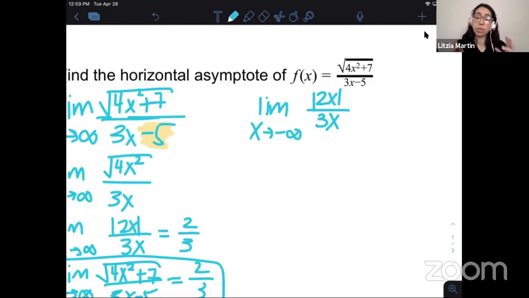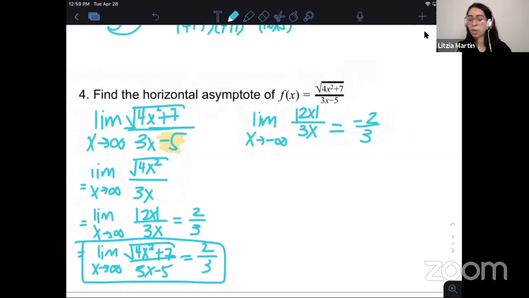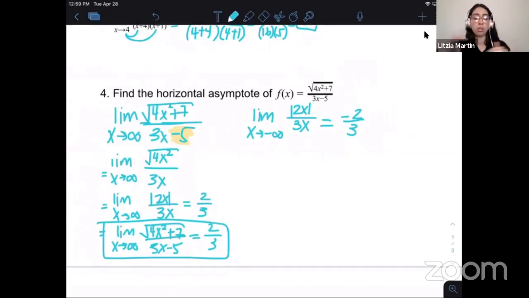When we plug that in, the absolute value will keep it positive in the numerator, but it's going to be negative in the denominator. So this will actually turn into negative 2/3 as we are going towards negative infinity. So we have two horizontal asymptotes in this case, one going towards 2/3 and the other going towards negative 2/3.